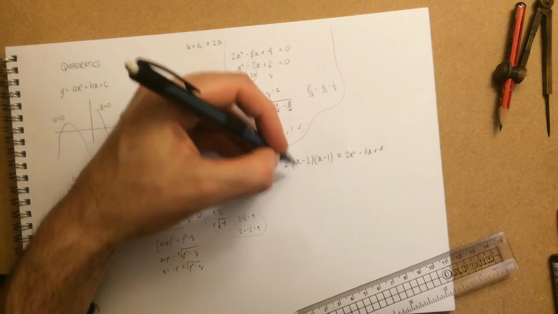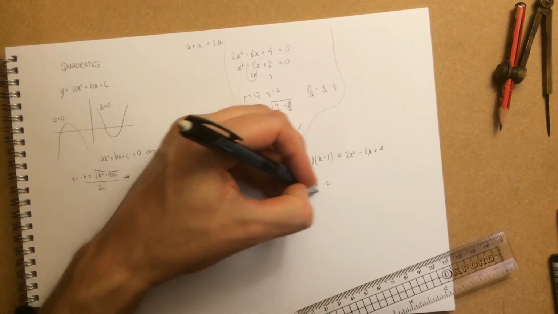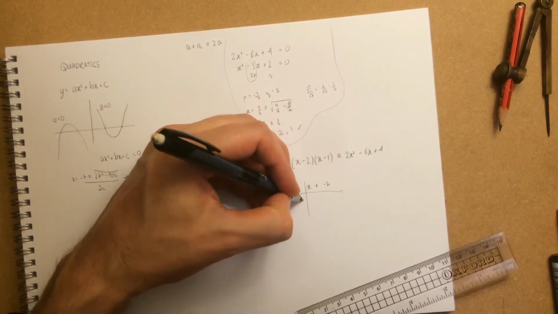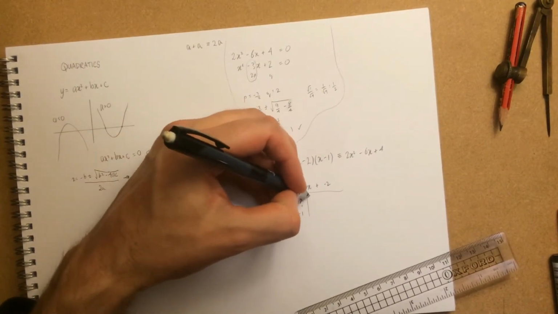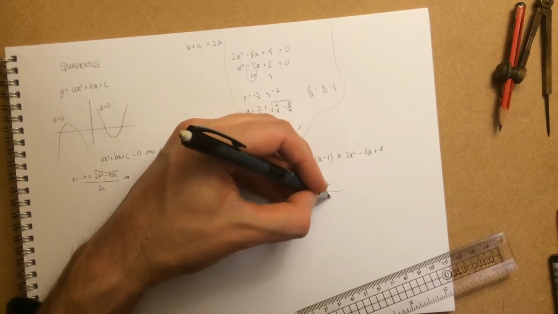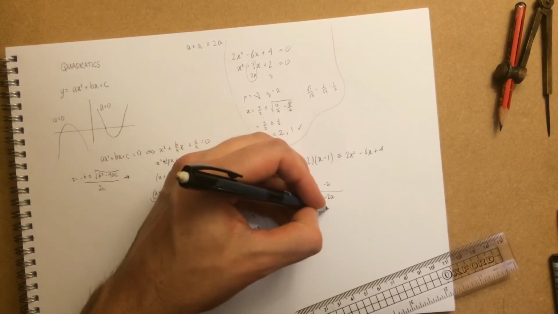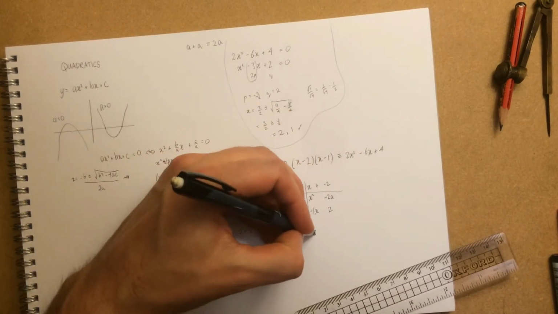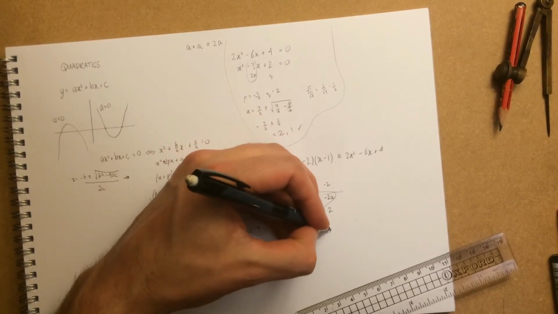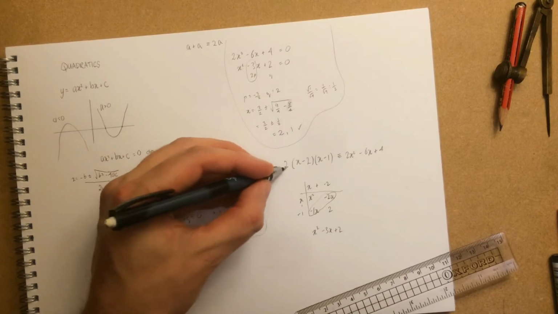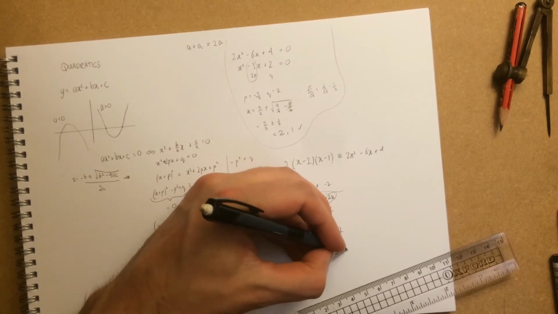If you want to check, we've got x minus 2, so that's x plus minus 2 along there, and we've got x plus minus 1 here. So x times x is x squared, minus 2x, minus 1x there. Minus 1 times minus 2 is 2. So I've got x squared minus 3x plus 2, but I'm multiplying the whole thing by 2, so 2x squared minus 6x plus 4.